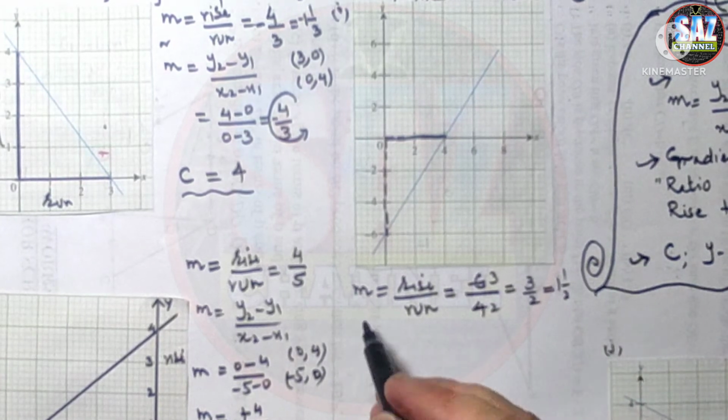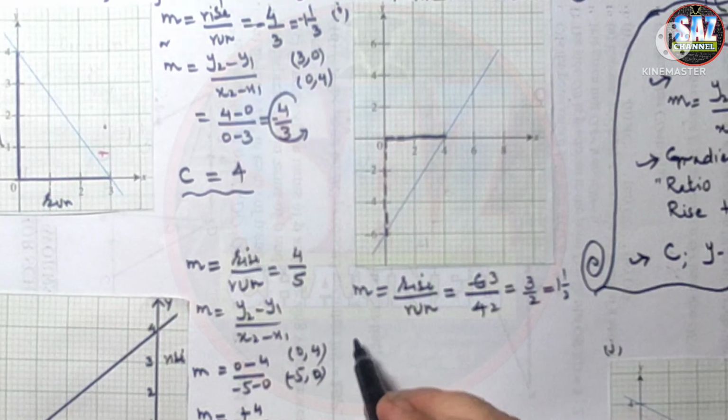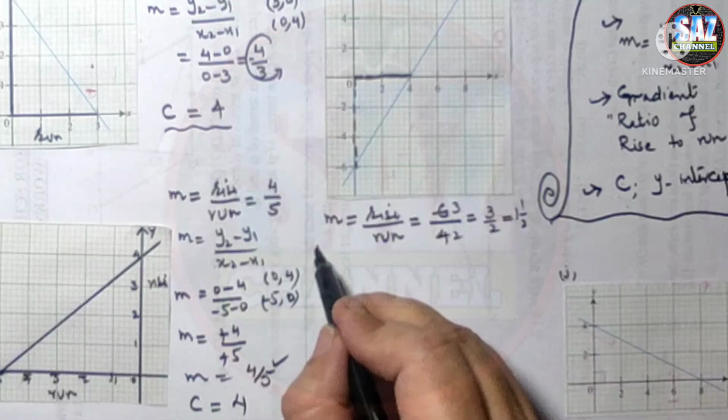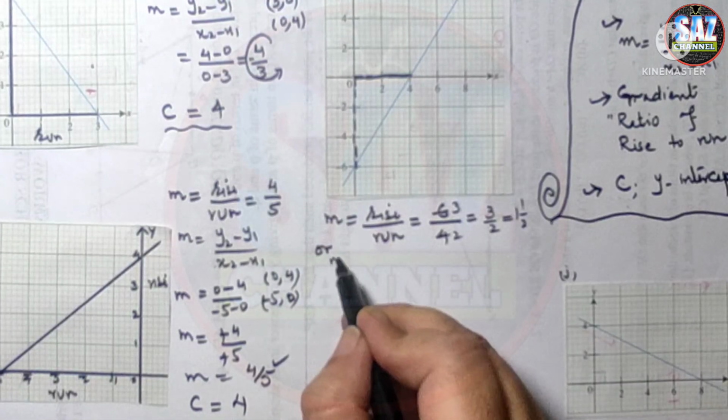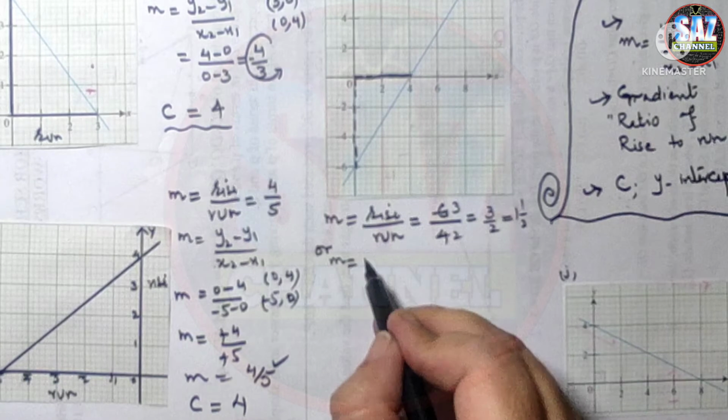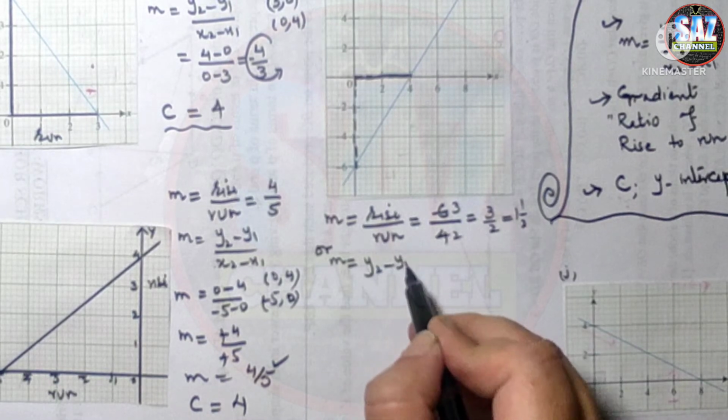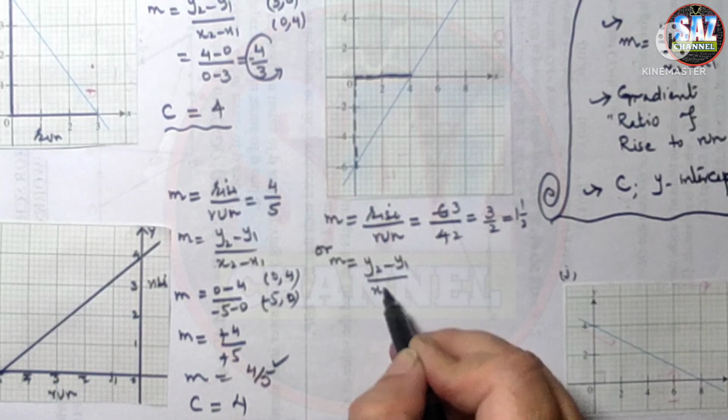2 3s are and 2 2s are, 3 by 2 or 1 by 2. And let's confirm the gradient with the help of the formula as well, that m equals y2 minus y1 upon x2 minus x1.